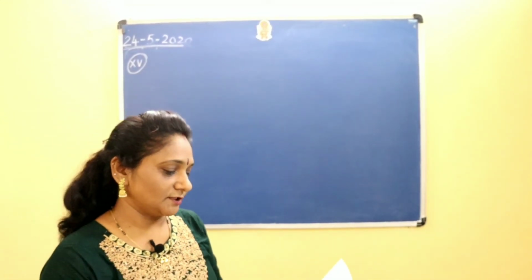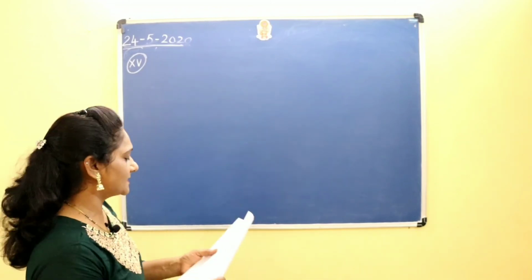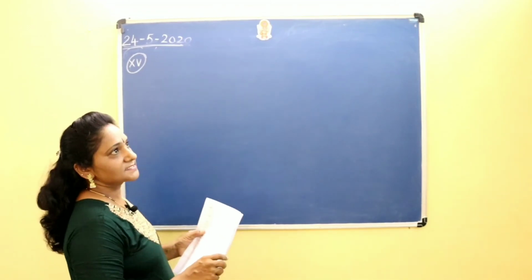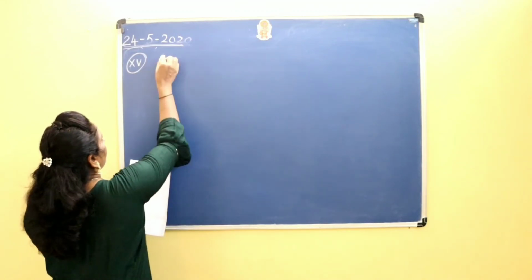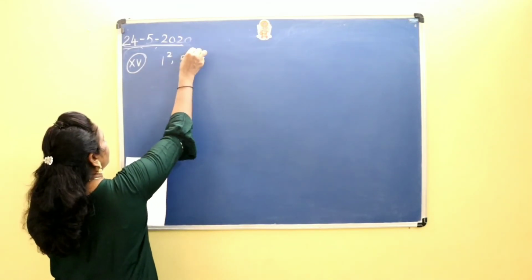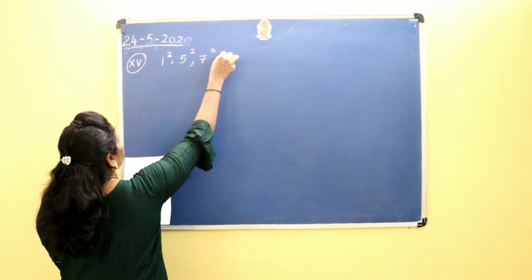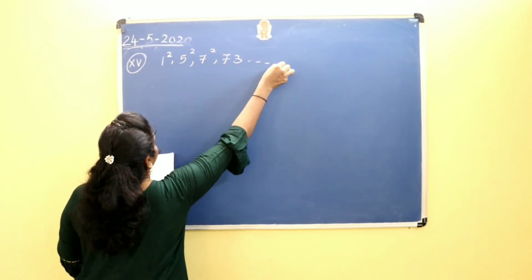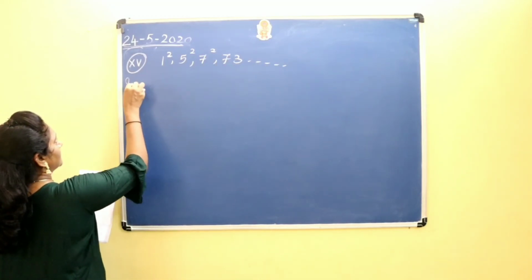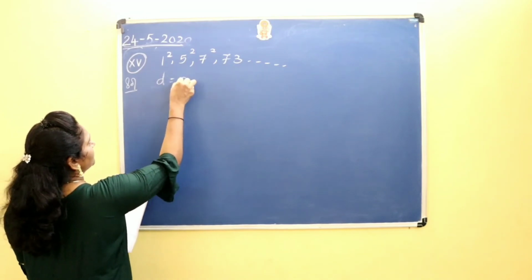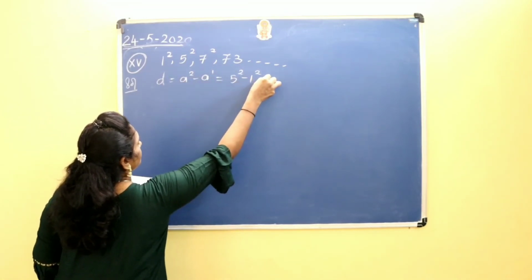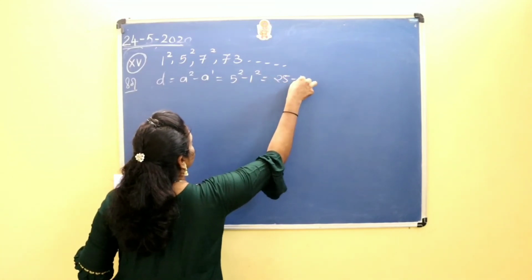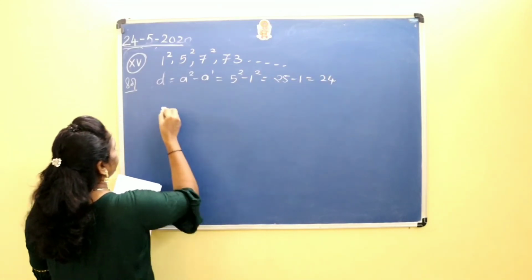Coming to the 15th question, this is the last sum in this exercise. The list is 1 square, 5 square, 7 square and 73, they have given you. Here D is equal to A2 minus A1, 5 square minus 1 square will give you 25 minus 1, 24.